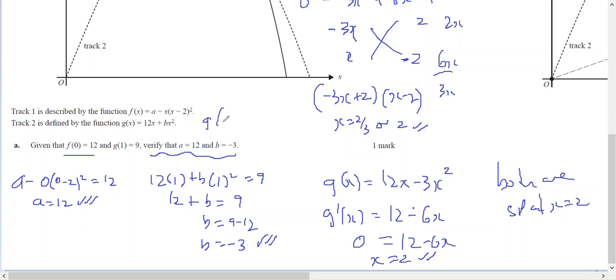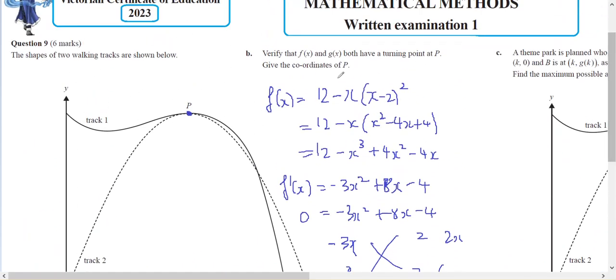Therefore, g of 2 equals 12 times 2 minus 3 times 2 squared, 24 minus 12, 12. Therefore, the coordinates of P are 2 and 12.